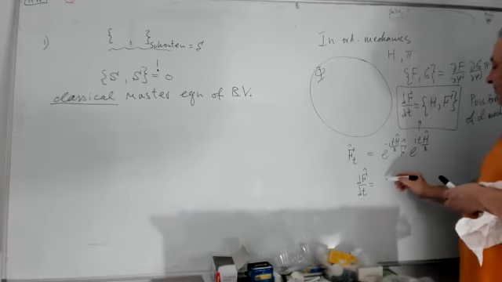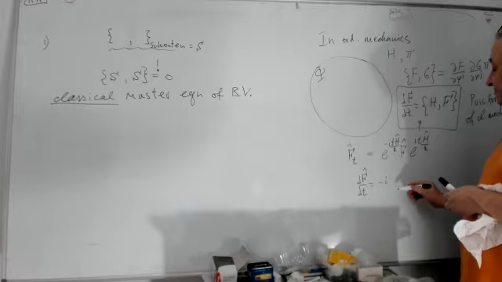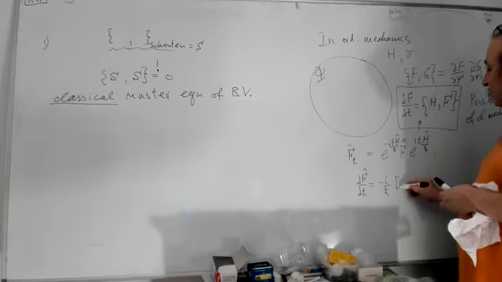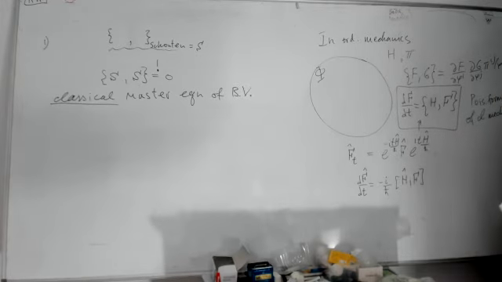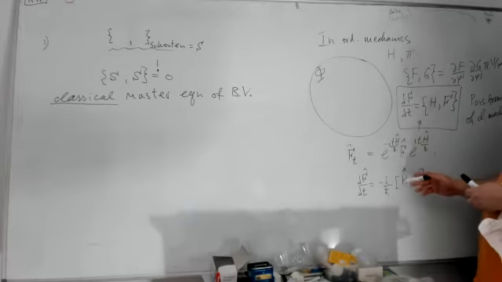And here we have minus i over h-bar, the commutator of H and F. So actually, it depends how you define the commutator.